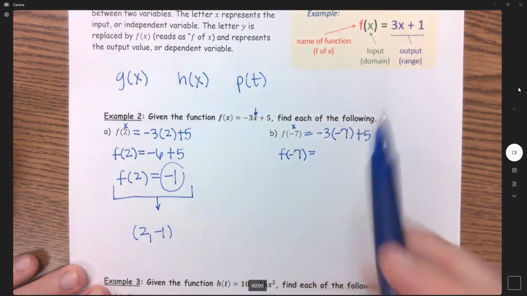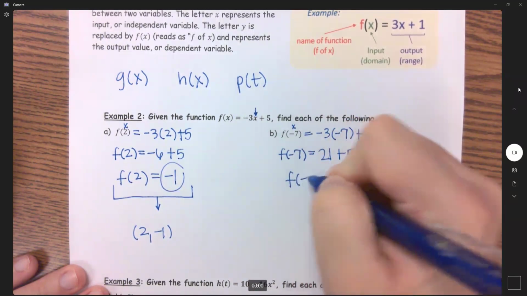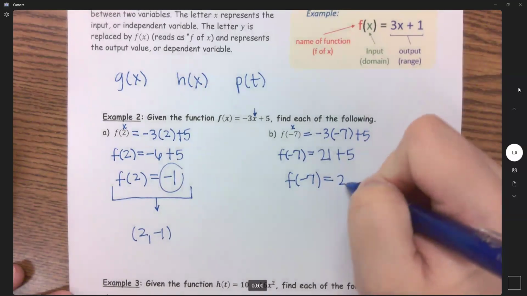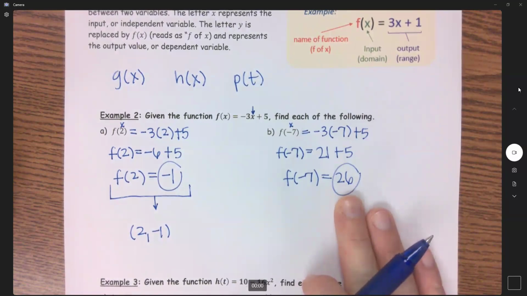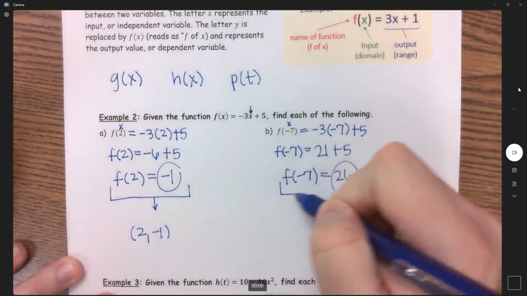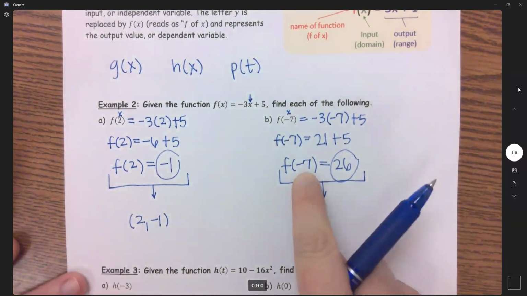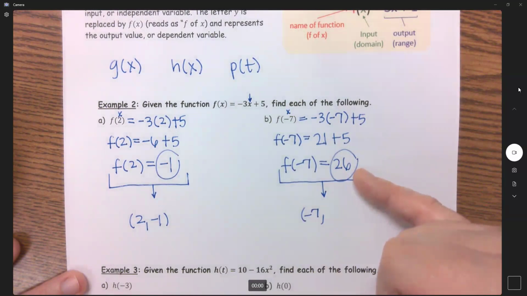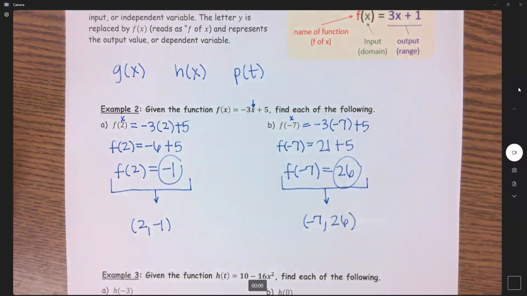Multiply first, so negative 3 times negative 7 is a positive 21, and 21 plus 5 gives me 26. This is my final answer, 26. But again, understand that this represents an ordered pair. My x is negative 7, and what this equals is my y, my output. So that is the ordered pair that goes with that function.